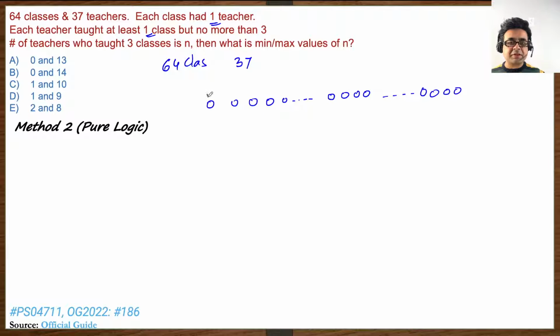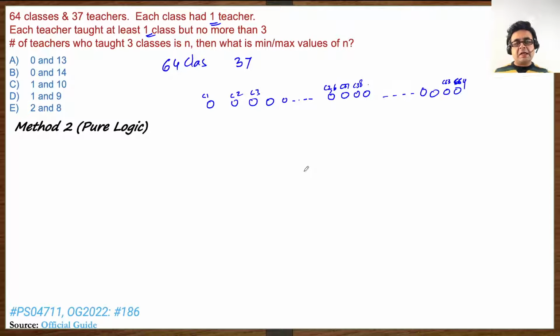right? So this is my class number 1, class number 2, class number 3. This is my class number 36, class number 37, class number 38, and this is my class number 63 and class number 64.